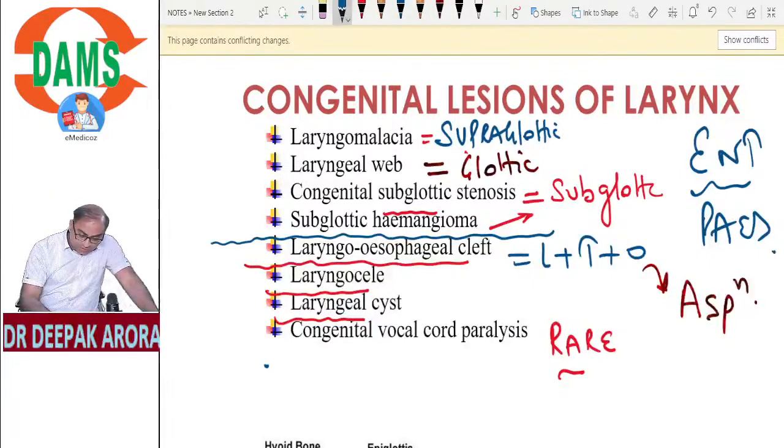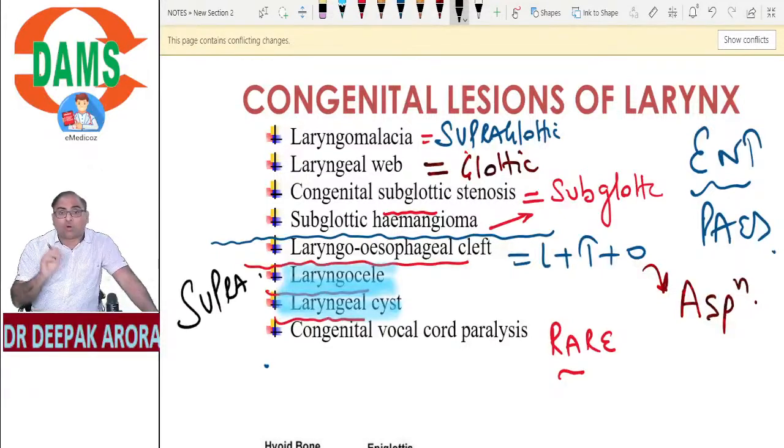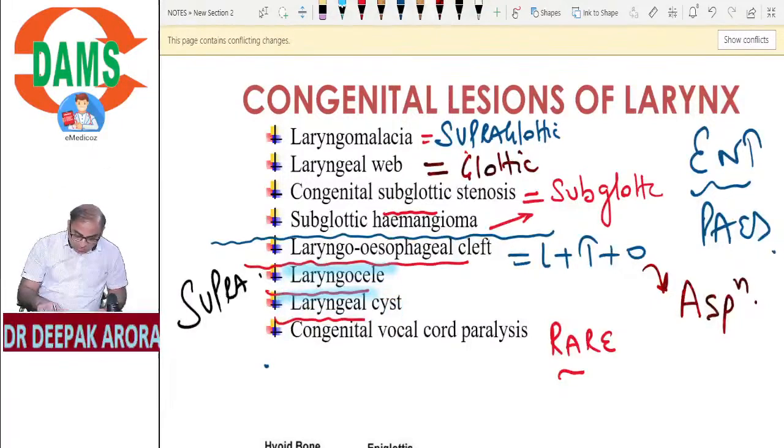Now coming to the next segment. Now concentrate on the board. Make this concept. Laryngocele and laryngeal cyst. These two conditions are in the supraglottic area. This is an often repeated MCQ. Laryngocele. What is the most common site? Anterior half of supraglottis. So what concept am I making here?